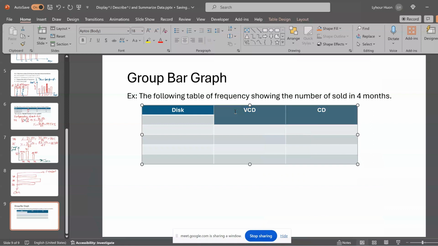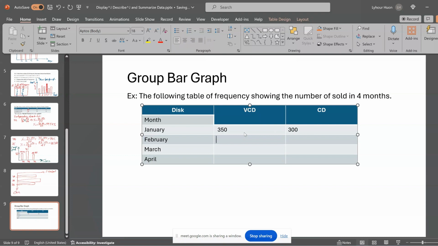January, February, March, and April. So the number of items sold is 350 pieces, and this is 300 pieces.